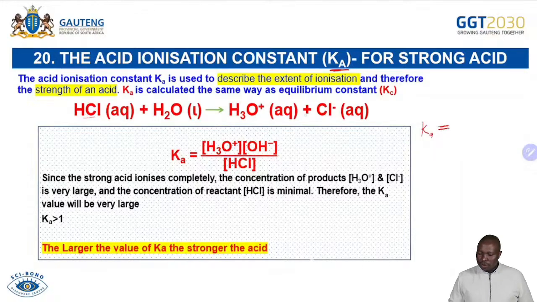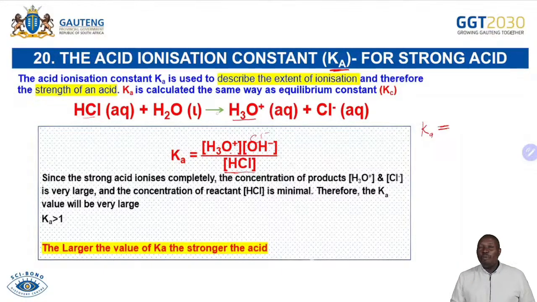You're going to say the concentration of the products, which is the concentration of hydronium ion and the concentration of chloride ion, Cl minus, divided by the concentration of HCl.